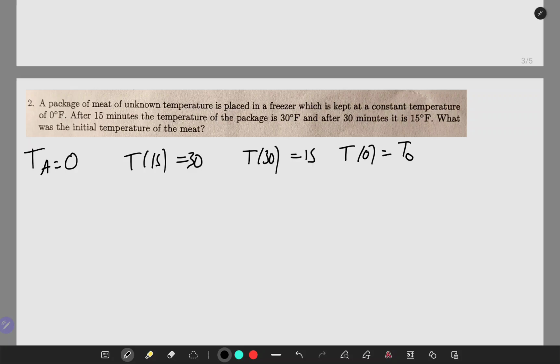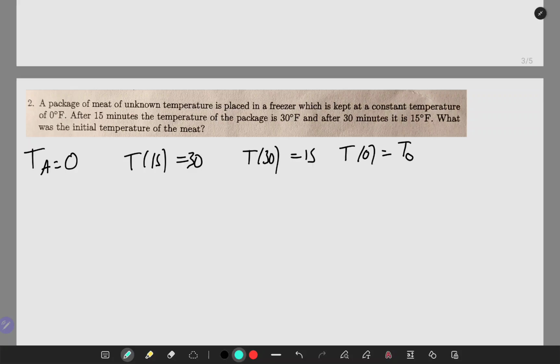All it gives us is the temperature of the package at 15 minutes and 30 minutes. So we know it has to be warmer than 30, obviously, right? It has to be warmer than 30. So let's find the initial temperature of the meat.